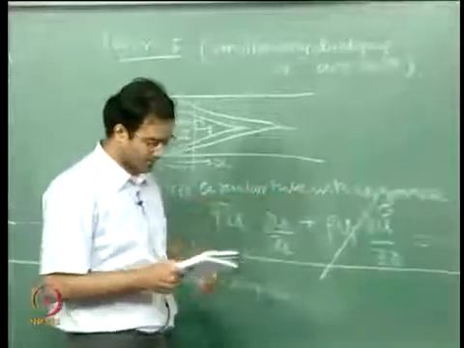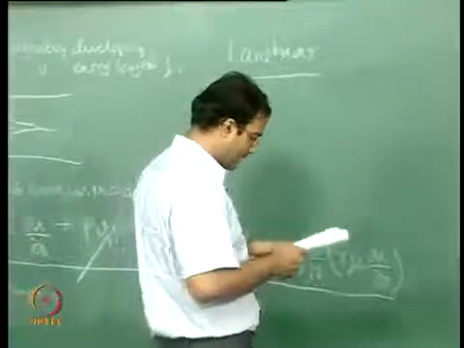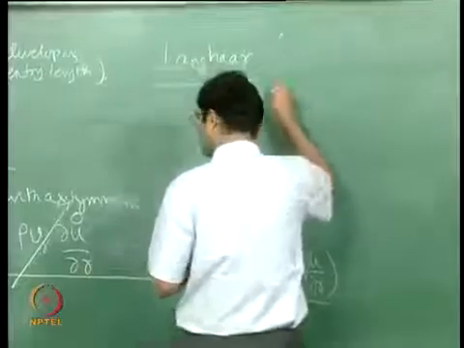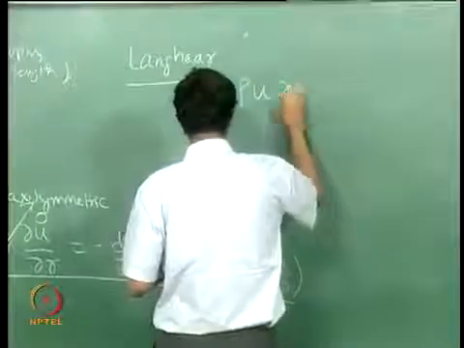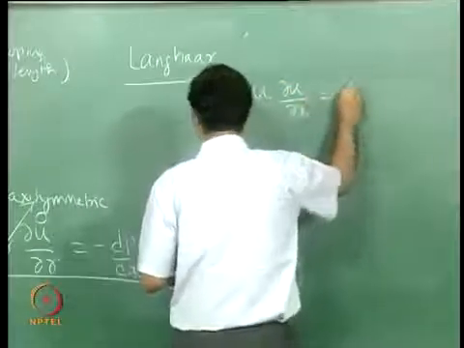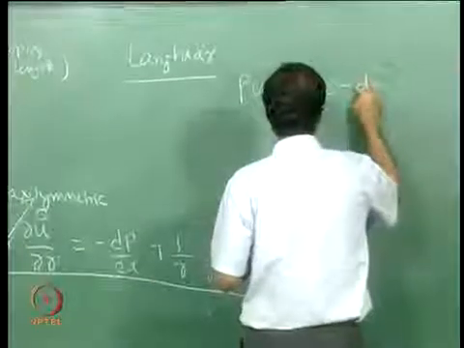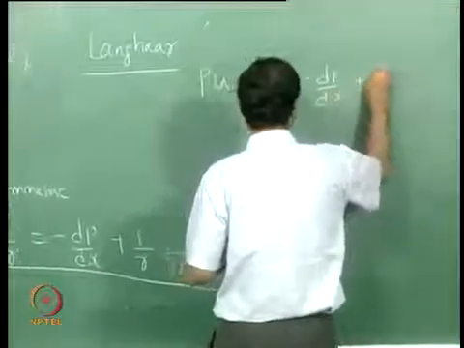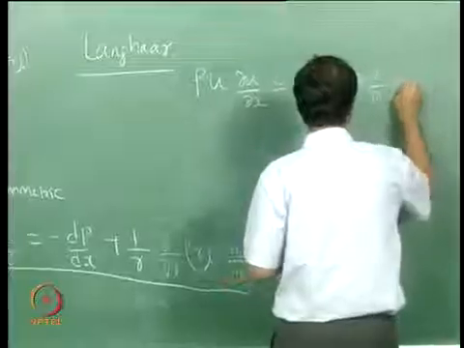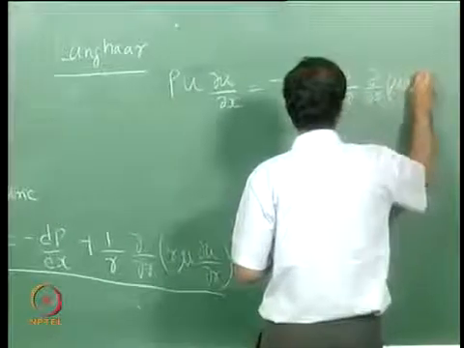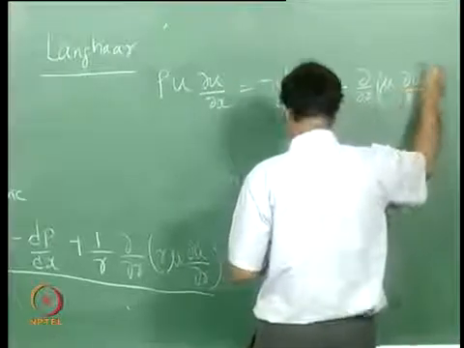He solved this equation numerically, and the resulting equation which he solved was rho u du by dx equal to minus dp by dx plus 1 by r into d by dr into mu r du by dr.